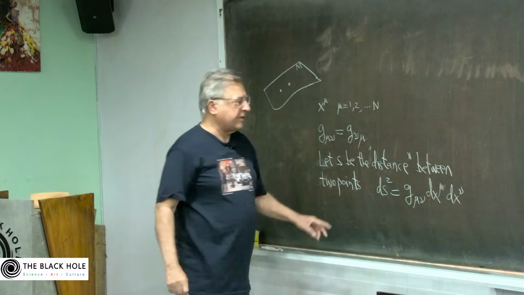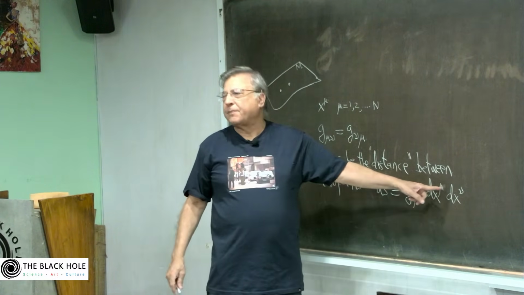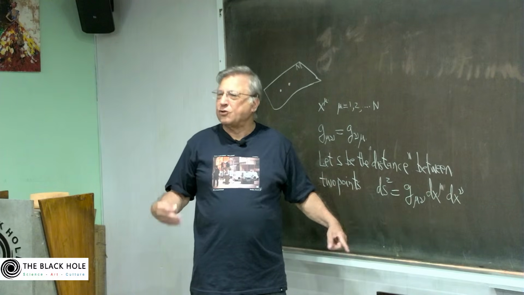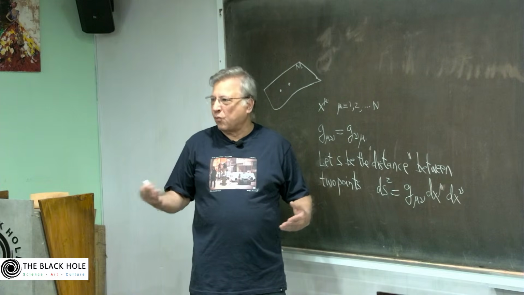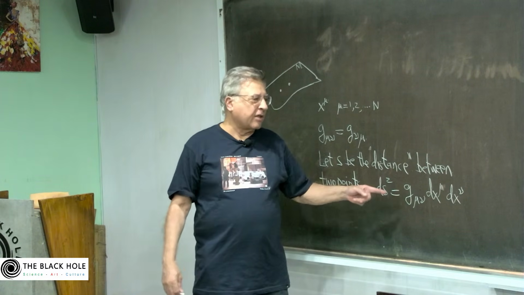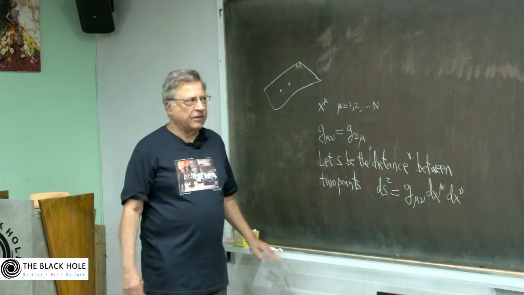And what this means is, whenever you see a repeated index, it means you sum over mu going from 1 up till n, and this is called the Einstein summation convention.